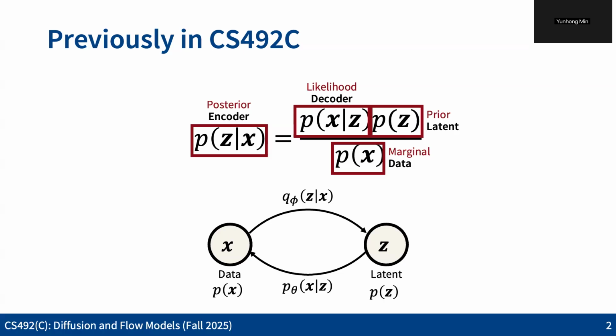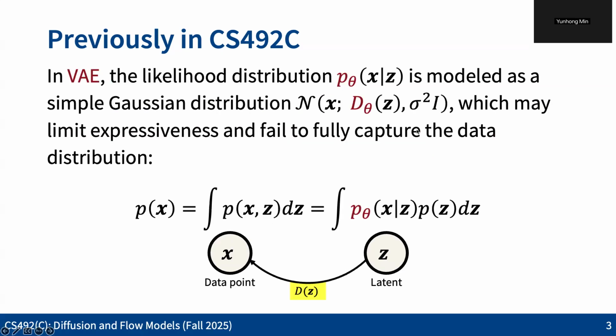And also the limitation that we have seen for the VAE is that basically everything is Gaussian, right? Especially for the likelihood distribution, we are also modeling this part as a Gaussian distribution, with a fixed variance and only predicting the mean using the decoder network.